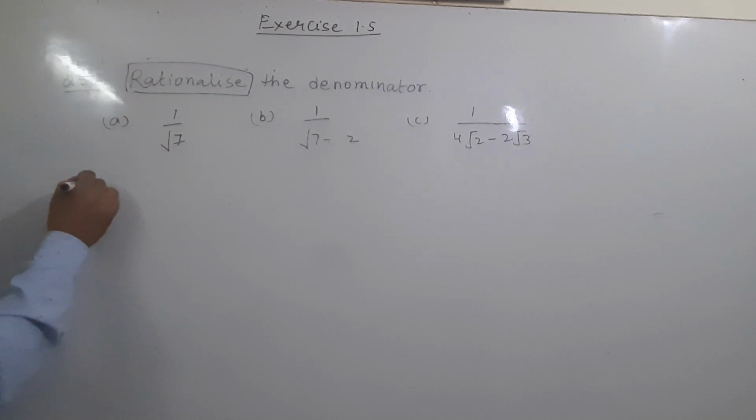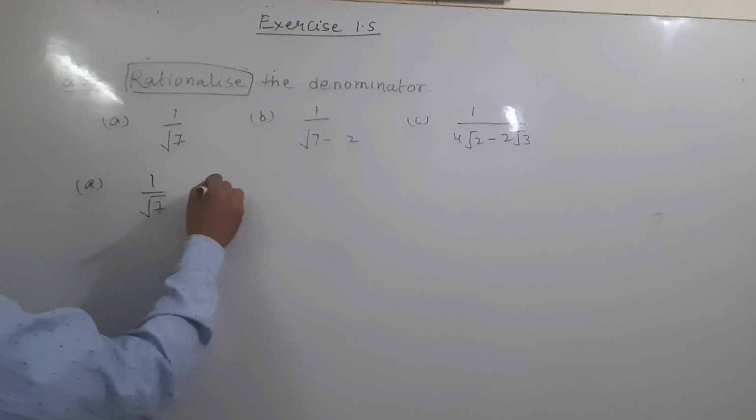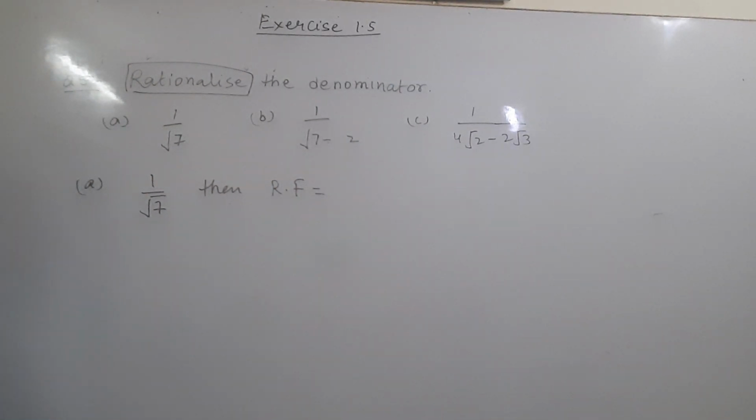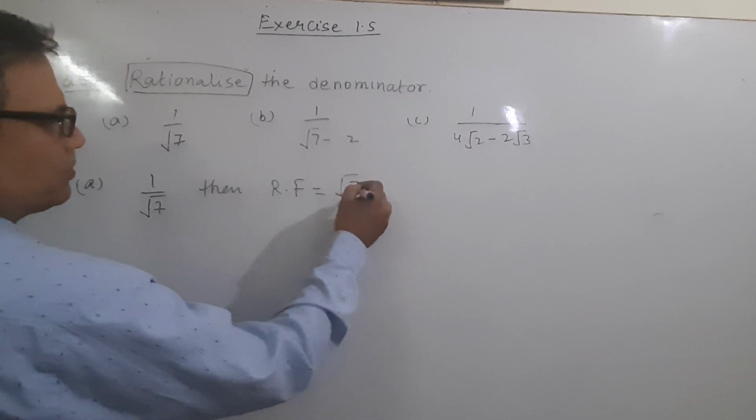First part, A: 1 upon root 7. What is the RF? Root 7. So now what should I do?